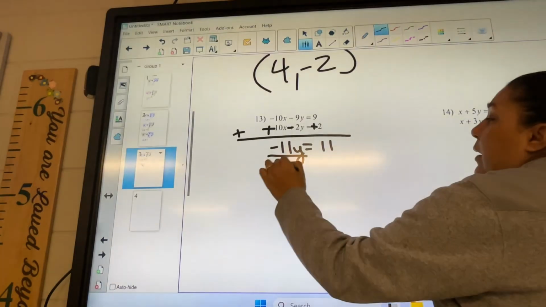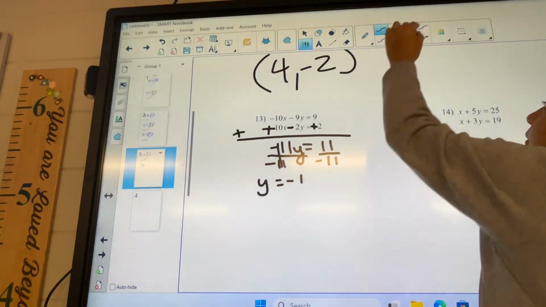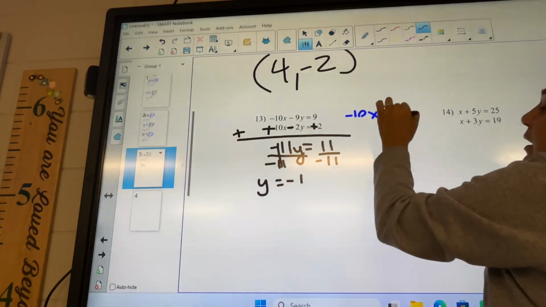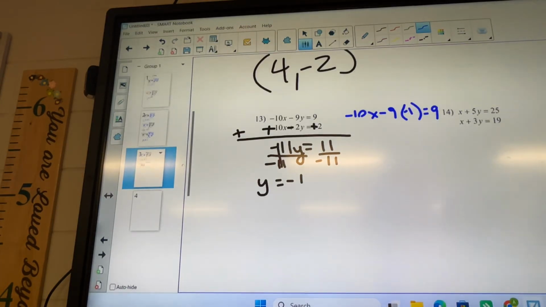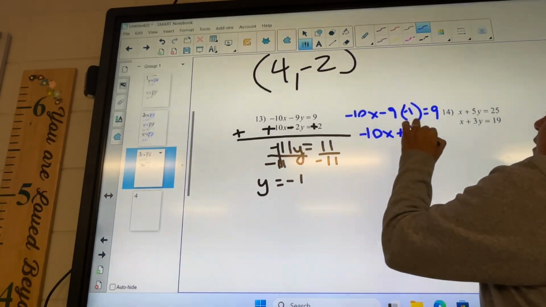Okay, and then I'm going to divide by negative 11 on both sides, and I get y equals negative 1. So I get negative 10x minus 9, and instead of y, I got a negative 1 equals 9. So I'm going to get negative 10x plus 9 equals 9.